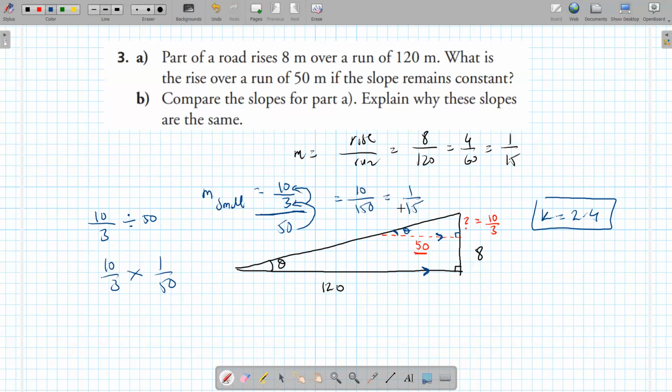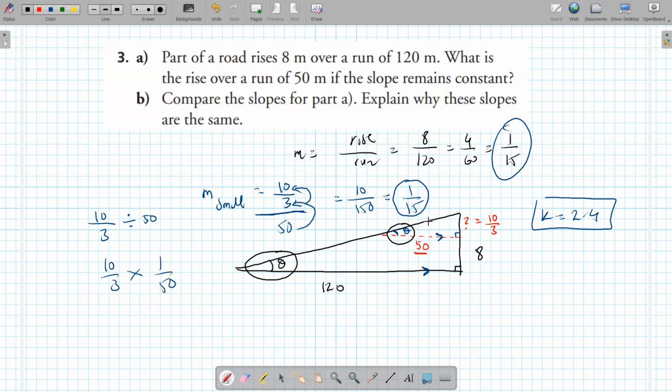So here we go. The slope is exactly the same: 1 over 15 before for the bigger triangle and 1 over 15 now for the smaller triangle. Part B says, why are the slopes the same? It has to do with this angle right here. The angle basically represents a ratio. If the angles are the same, the ratio is also the same.